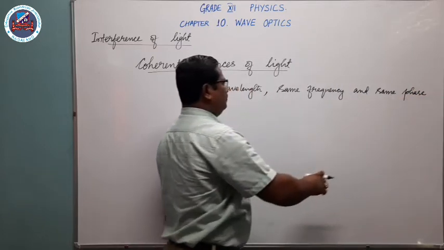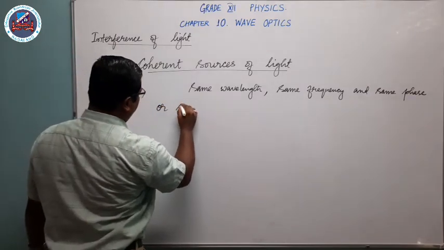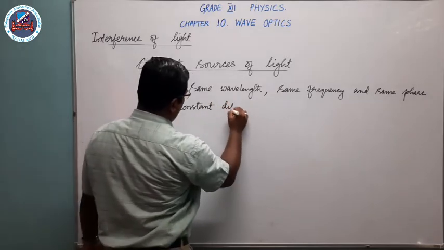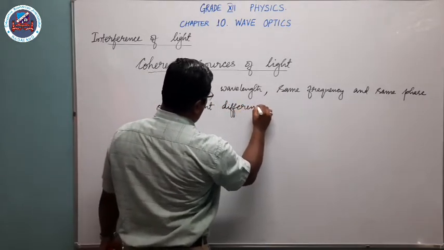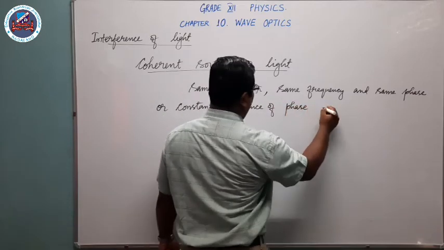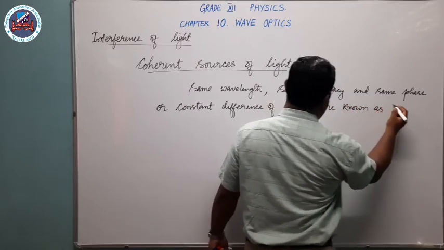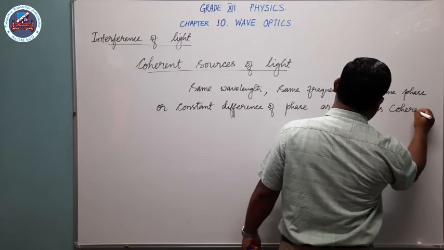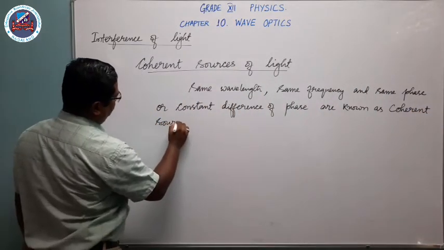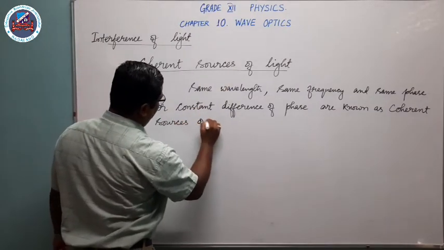Or we say the same phase difference or constant difference of phase between them. Constant difference of phase are known as coherent sources of waves, or we are talking about light now, sources of light we'll say.